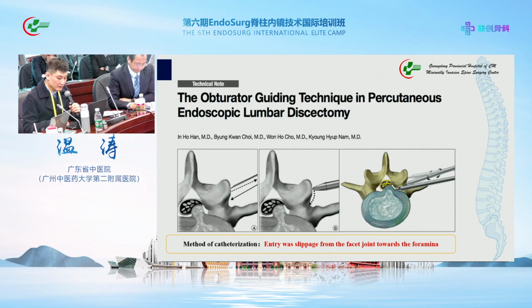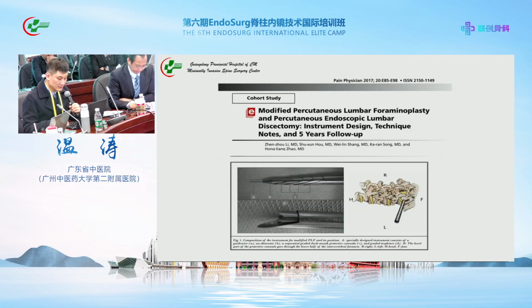And some surgeons also perform the foraminoplasty safely and rapidly through designing and improving the surgical instruments. But again, this kind of technique is not performed under visualization. They will need many X-rays.